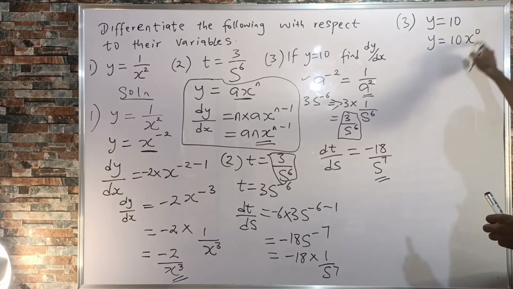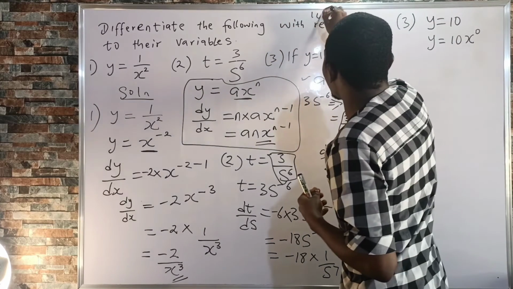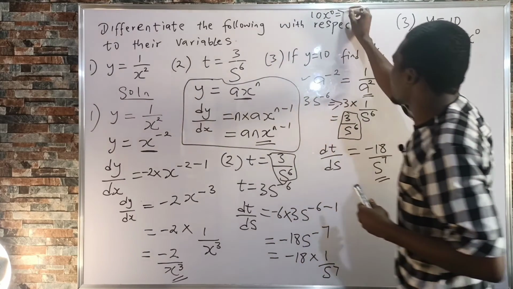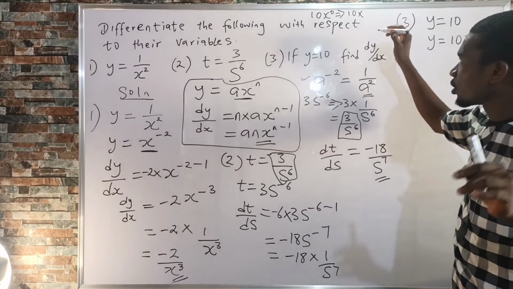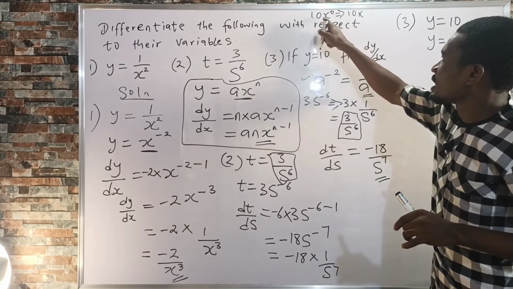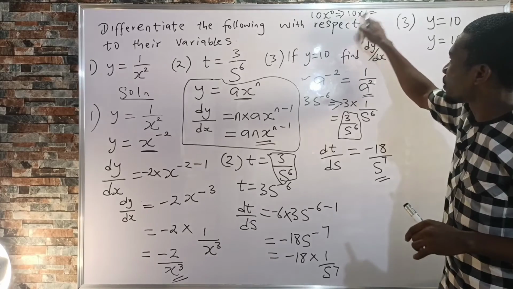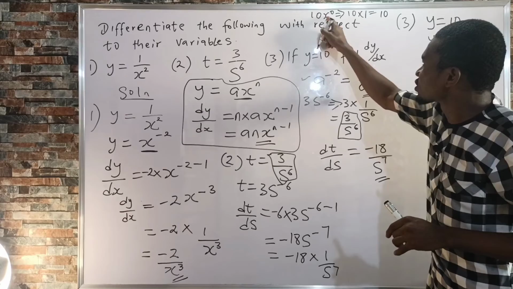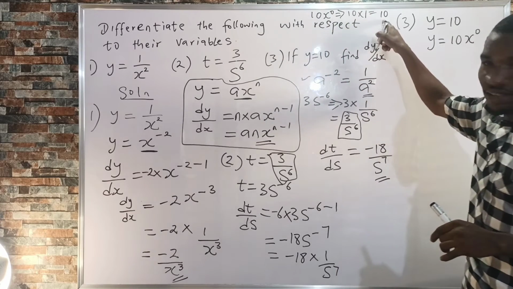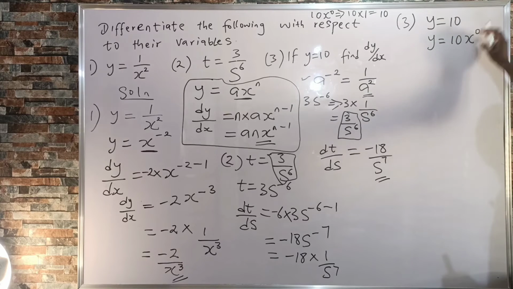Let's break this 10x raised to the power of 0 using the law of indices. 10x raised to the power of 0 implies 10 multiplied by, remember one of the laws of indices, which says that any number raised to the power of 0 is 1, such that 10 multiplied by 1 will still give us 10. Hence, 10x raised to the power of 0 is the same thing as 10. That was why I had to say that 10 is the same thing as saying 10x raised to the power of 0. Take note of that.